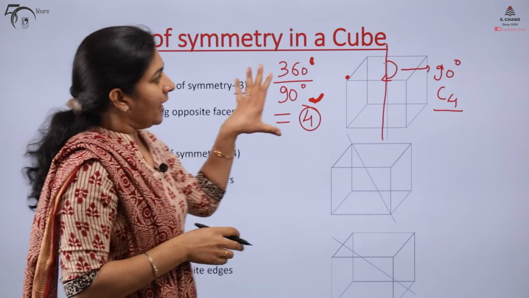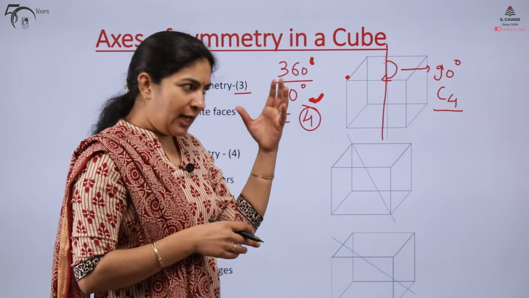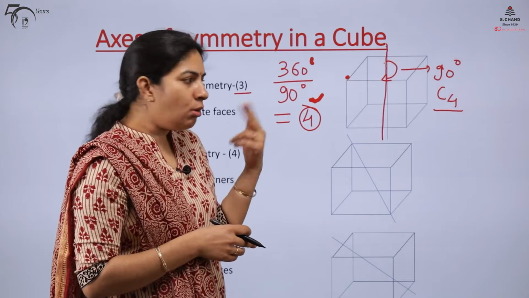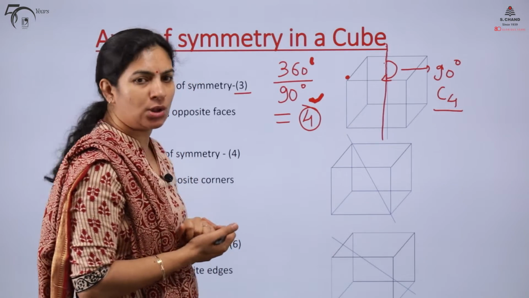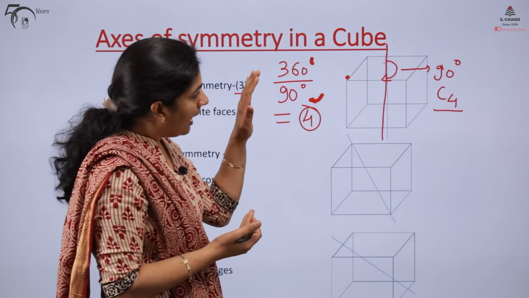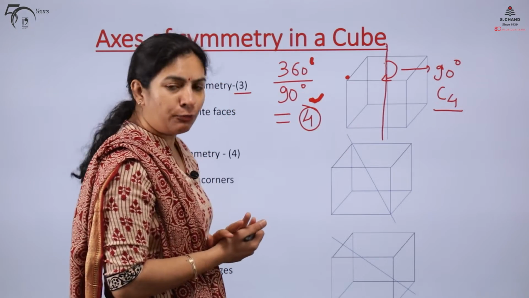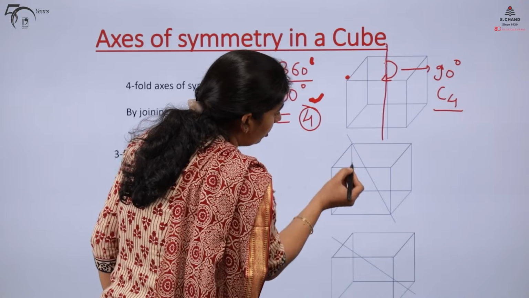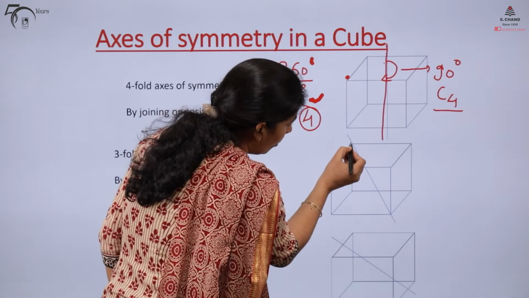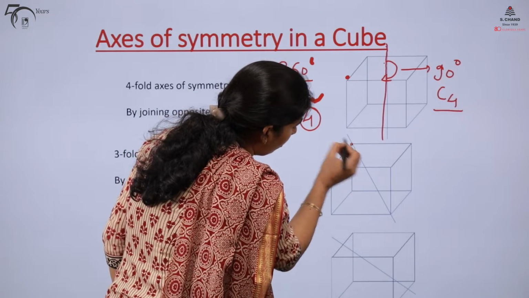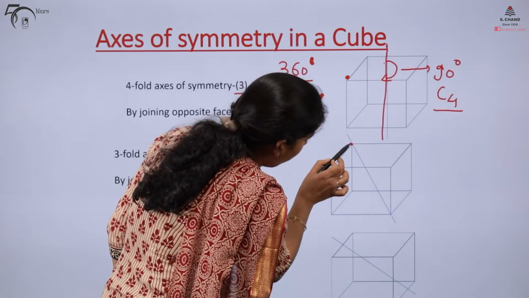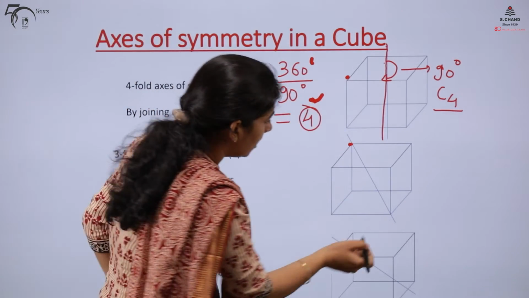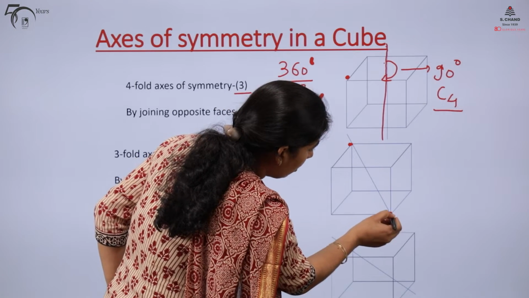Now, in a cube or in any other solid, there may be one or more than one axis of symmetry present. So, apart from the fourfold axis of symmetry, there is also this axis which can be drawn from one corner of one face to the other corner.